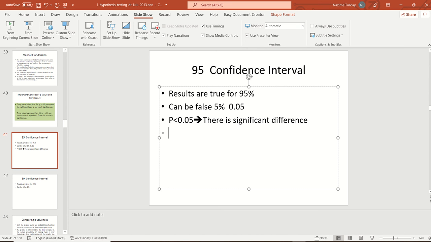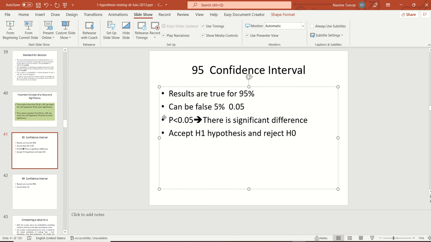And this is the H1 hypothesis. This means we accept the H1 hypothesis and reject H0. Why reject H0? H0 is independence, there is no difference.